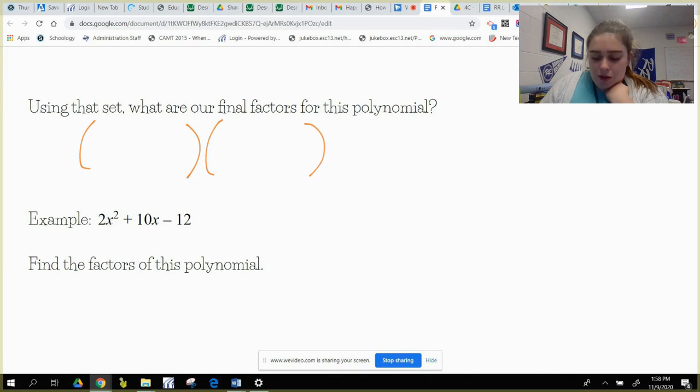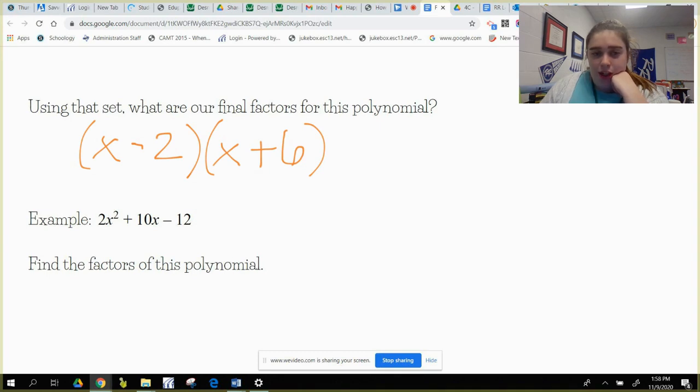And for each one of those, we're going to have an x in it, since that was our only variable. And then we had a negative 2, so I'm just going to write minus 2 right here. The reason that it's minus is because that 2 is negative, so that changes our sign to be a minus. And then for the second one, we had a positive 6, so I'm going to write plus 6, okay?